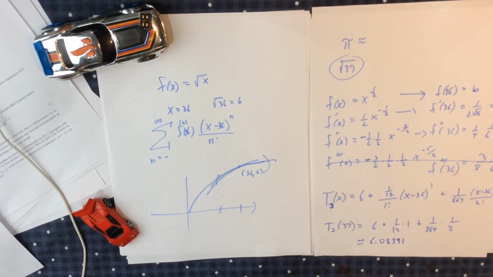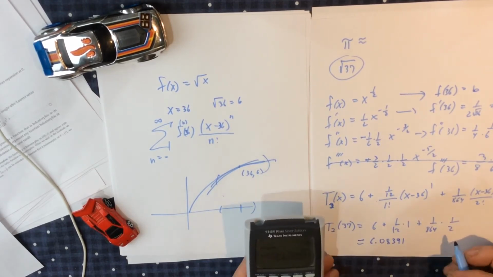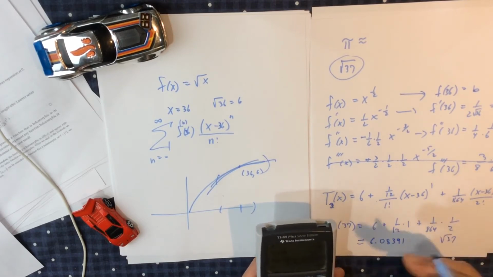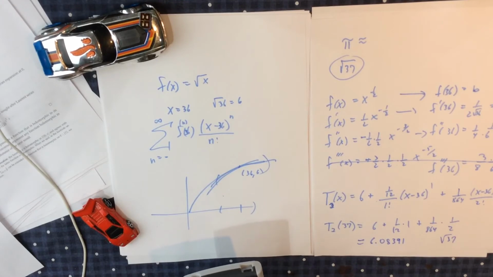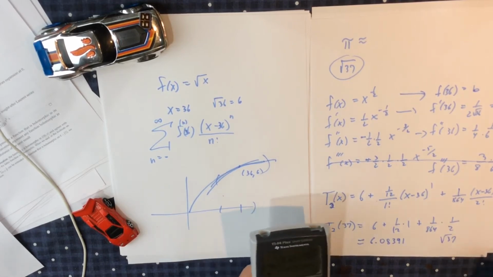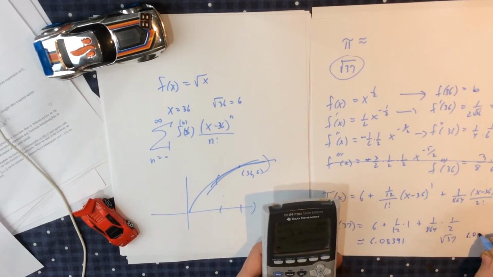And I'm going to get 6.08391. So I wonder what our calculator says for the square root of 37. Now it's using a Taylor polynomial, but I'm sure this Taylor polynomial is much, much longer than the one we just used. And our calculator says that the square root of 37 is 6.0827.